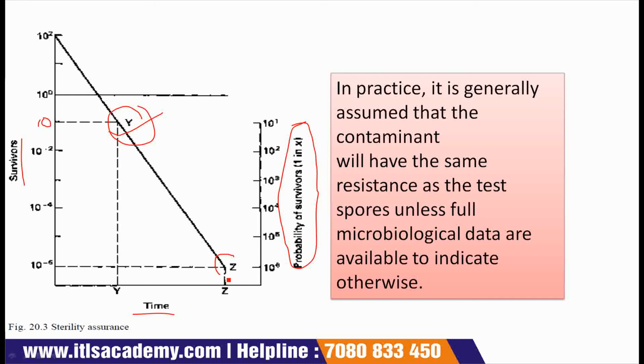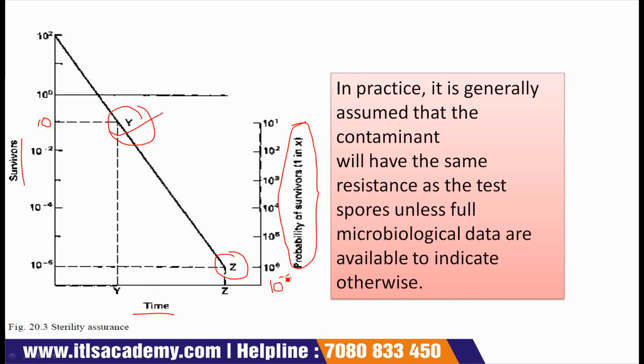Likewise, at Z, at this point, there is literally 10 to the power minus 6 bacterium in one bottle.